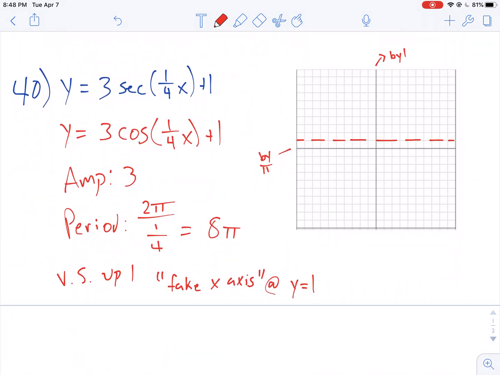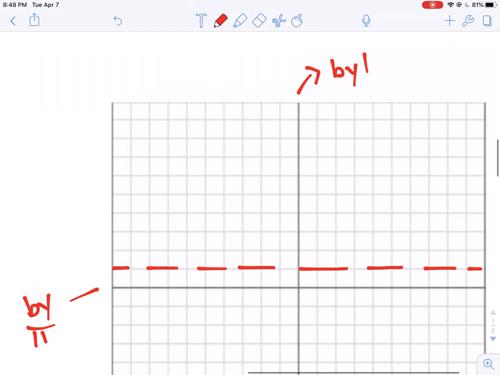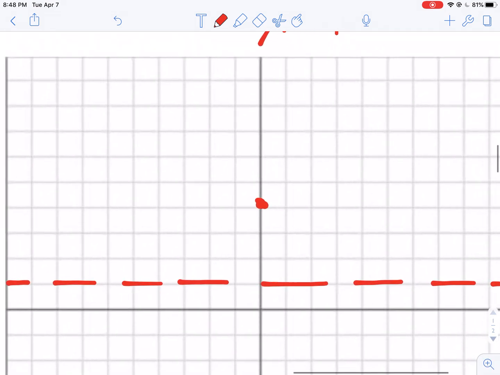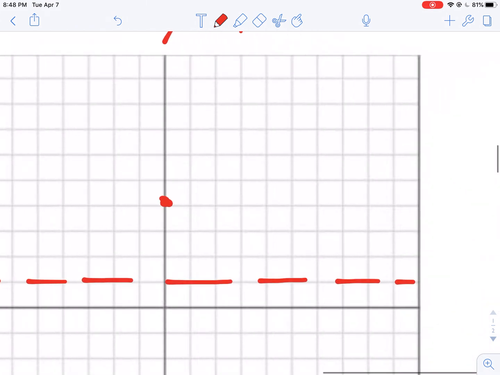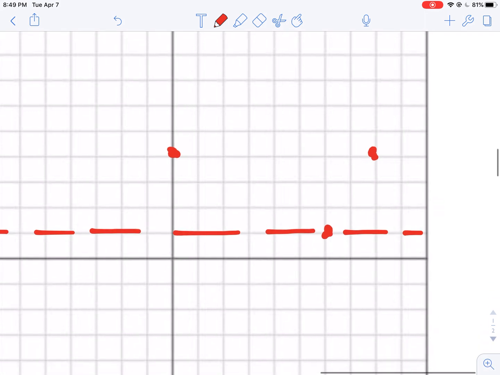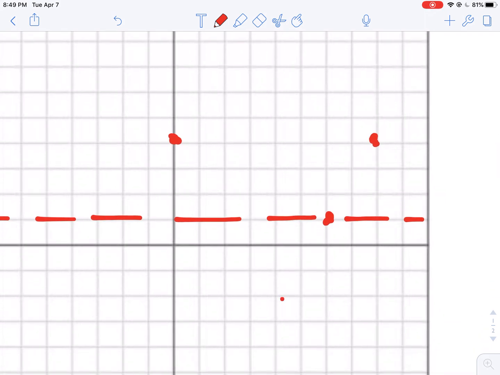Now that I realize that, scaling this one by pi, I am talking about cosine. It has that amplitude of 3. I have this fake axis. So there we have it, 3 above that fake x-axis, and then it's going to have to return to that point by 8 pi. And again, I can break this down into my quarters and what happens in my quarters and just follow that amplitude.